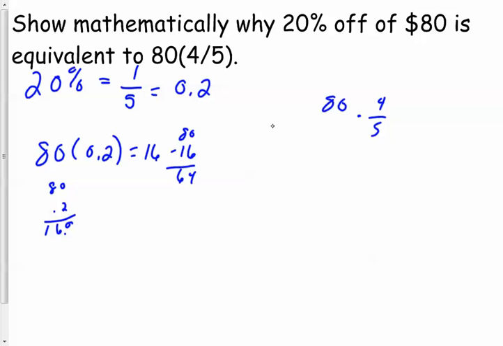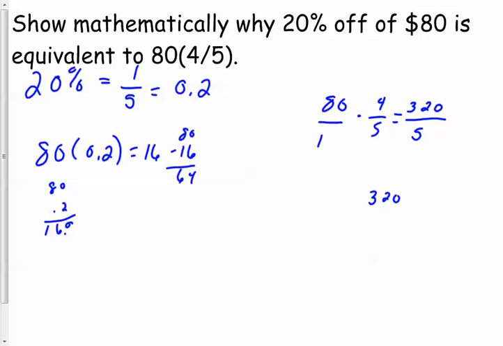I can go right to my answer. So I'm just going to make the whole number into a fraction. So 4 times 80 is going to give me 320, right? And then over 5.